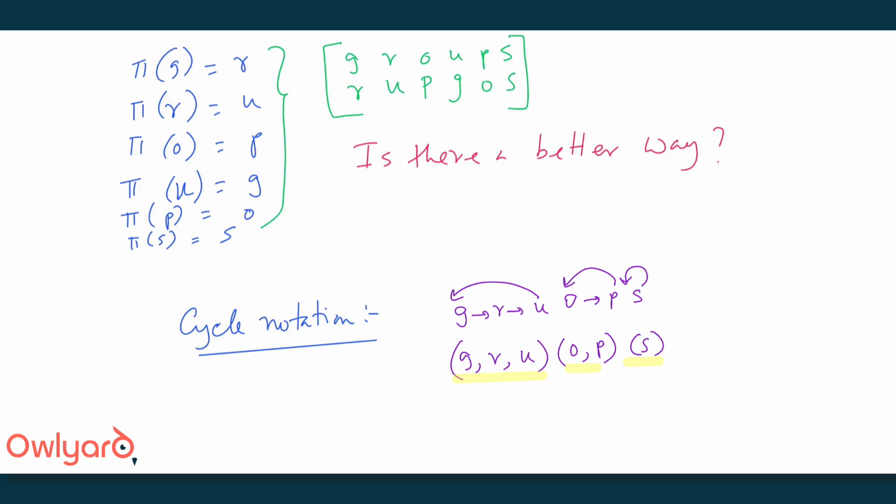So we have one 3 cycle, one 2 cycle, and one 1 cycle. It is often customary that you don't have to specify the 1 cycle because it doesn't make any difference. So this is the same as G comma R comma U and then O comma P.